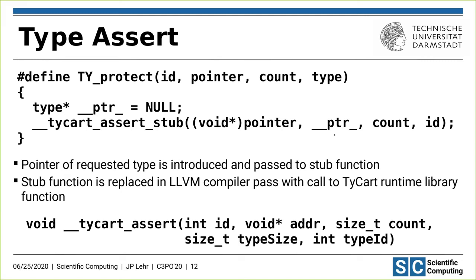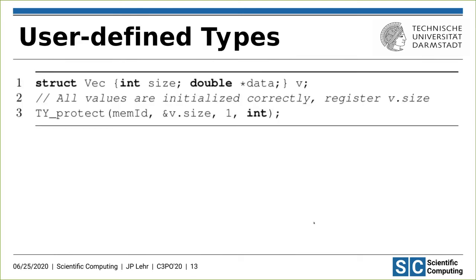We use the pointer mainly to capture the actual type that we are asserting. And we forward count and ID. The call to the stub function is then replaced in the LLVM compiler pass by a call to the actual implementation of the TyCart assert function in our library, using the type ID that the LLVM analysis pass that we run in TypeART generates.